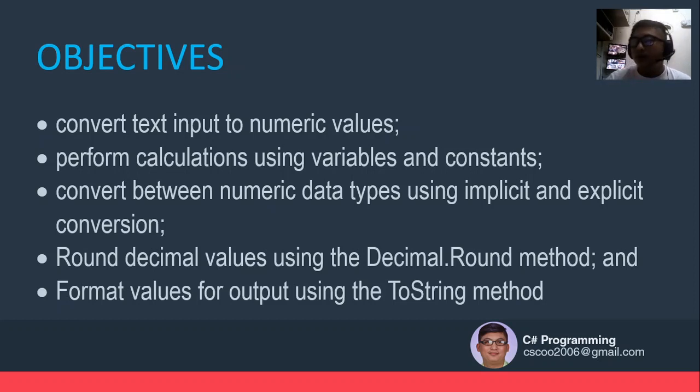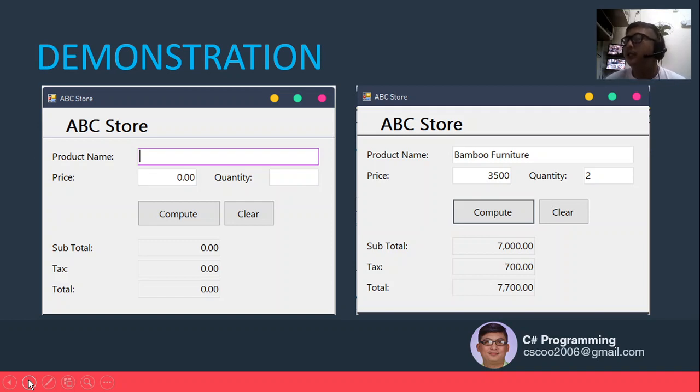Part of the topic of today's discussion is the implementation of a simple application. This is an ABC store. As you can see, we have a form that accepts three inputs: the product name, the price, and the quantity.